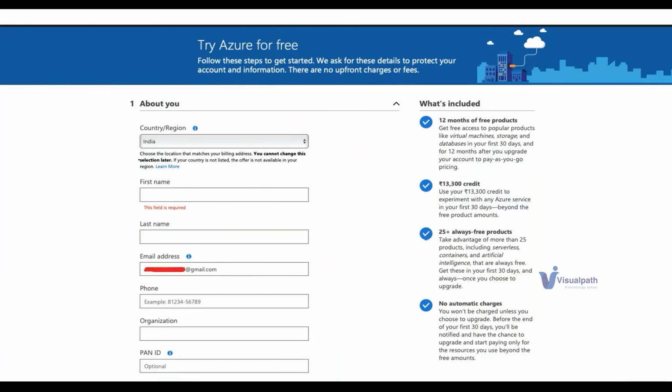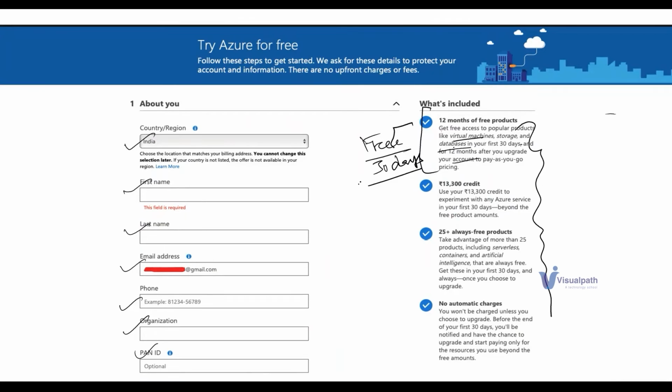So you will be choosing the country of your origin, your details. But participants, I want your attention on the right hand side where you get to see what is being included here. As I've been mentioning, most of the services will be available for you for free, but this free is only for 30 days. So what is going to happen during this 30 days?